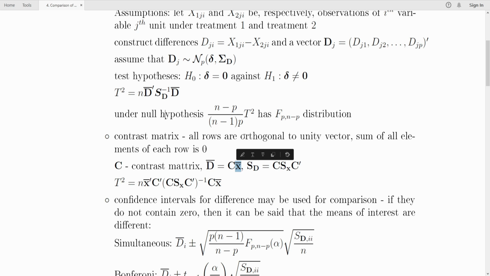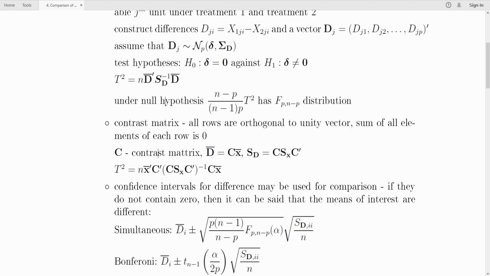So this vector is going to be a column that has 2p elements. And this S_X is going to be a matrix that is 2p times 2p. So we have 2p rows and 2p columns. It is going to be more clear on an example.